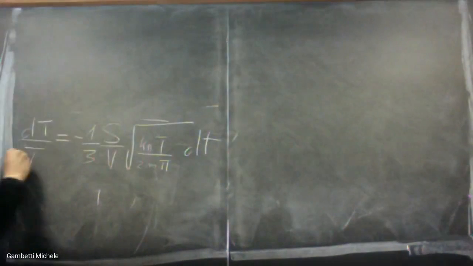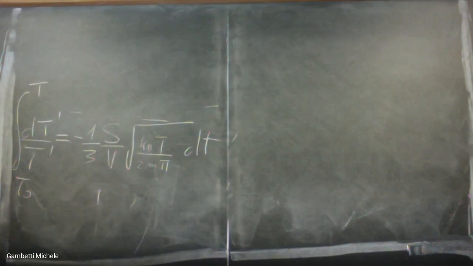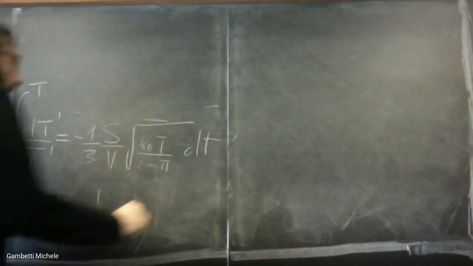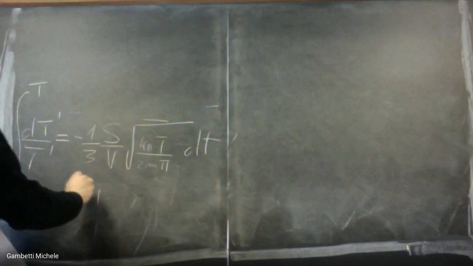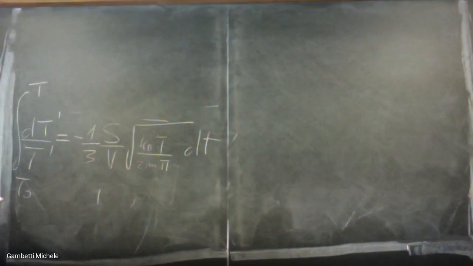So let me put here T0 and T, and I call this T prime. And also, well, I have to divide it by T before doing that, to be honest. Ok, facciamolo prima, così, dai.